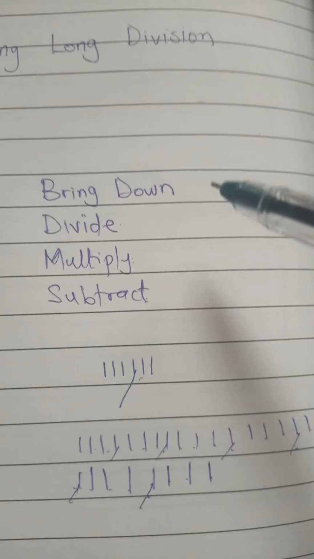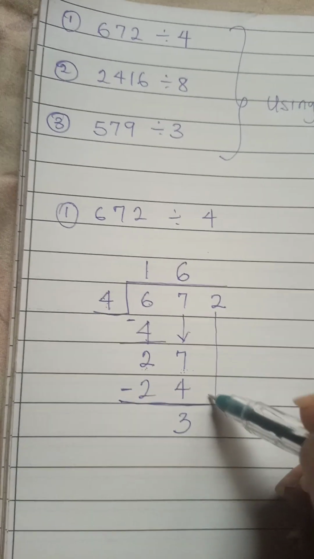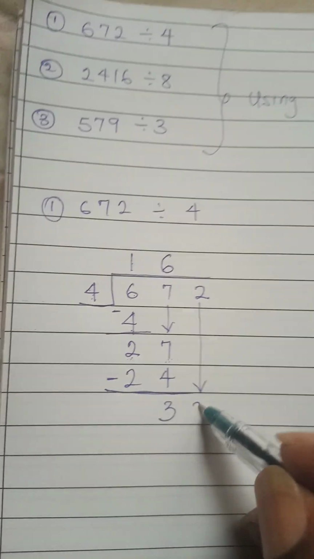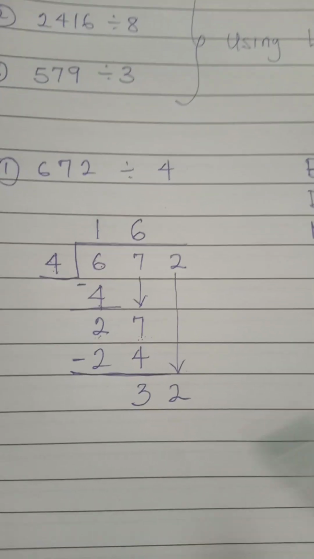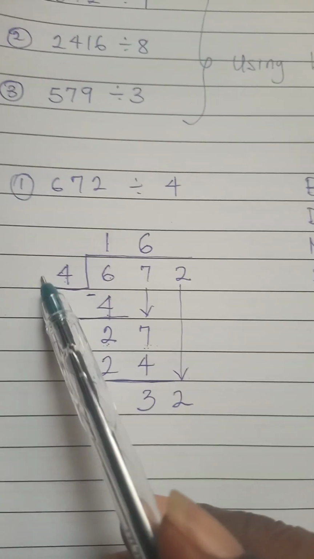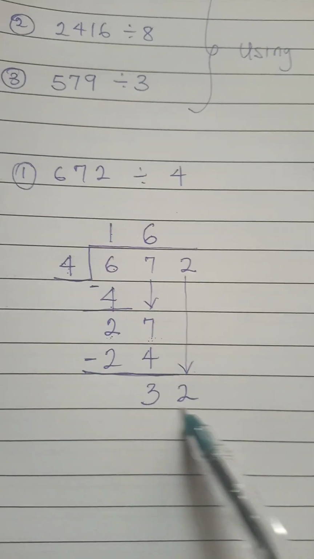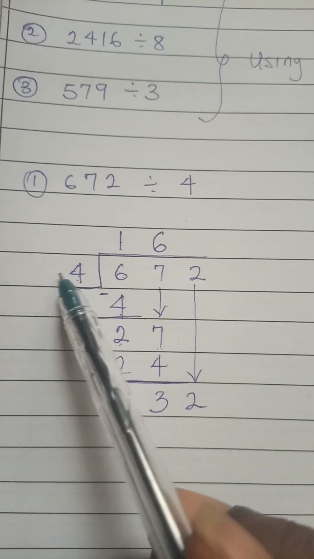Then we start again. Bring down again. So we bring down what? 2. Now we want to count 32 and divide it by 4. I told you we count only the one in our bus stop and we divide it by the one outside.